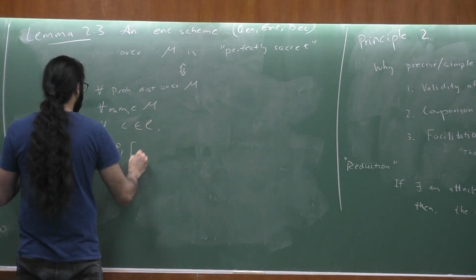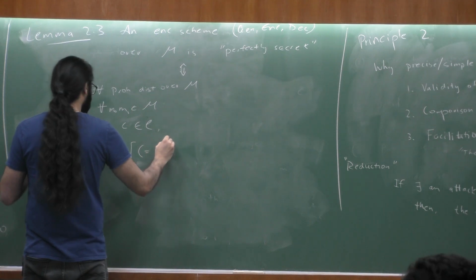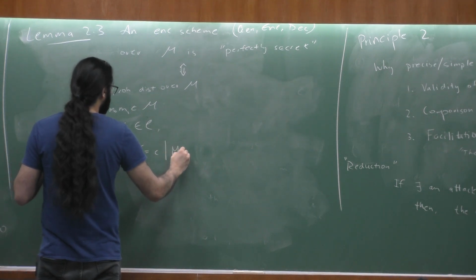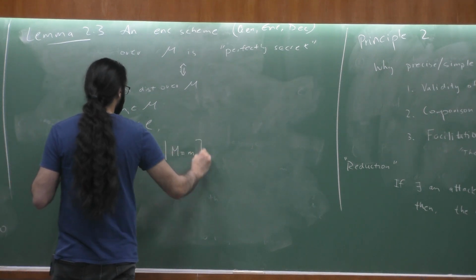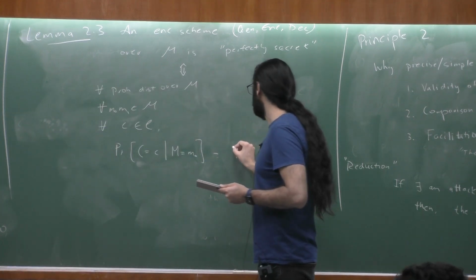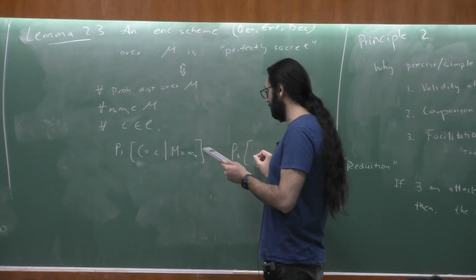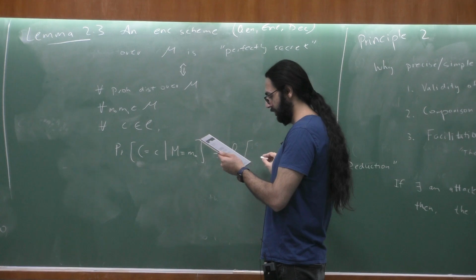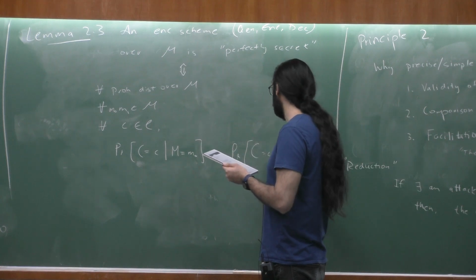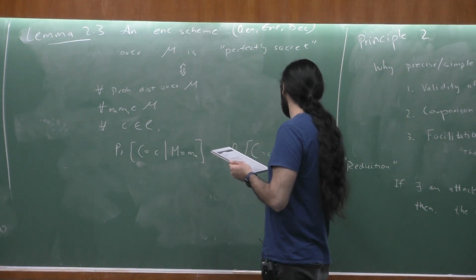The probability that the ciphertext was little c, given that the message happened to be M0, is the same as the probability that the ciphertext is little c, given the message was M1.